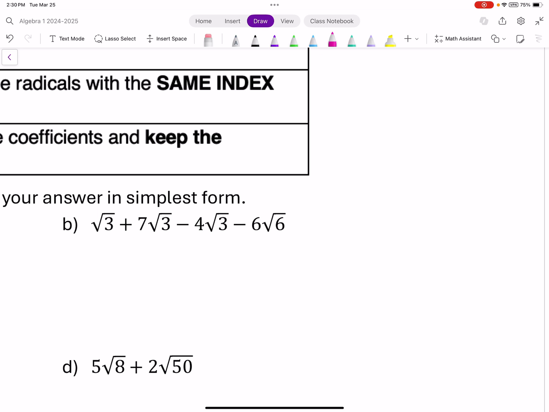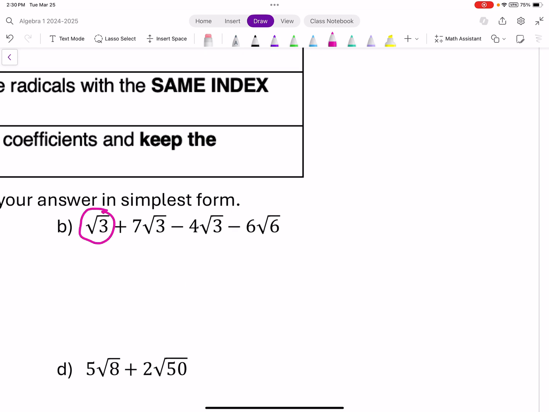We can only put radicals together that have the same radical. So that means that my radical 3's can go together. And then this radical 6 is just going to be by itself, kind of like with our x squared terms and our x terms. If there was no like term with it, we just kept it in the problem.